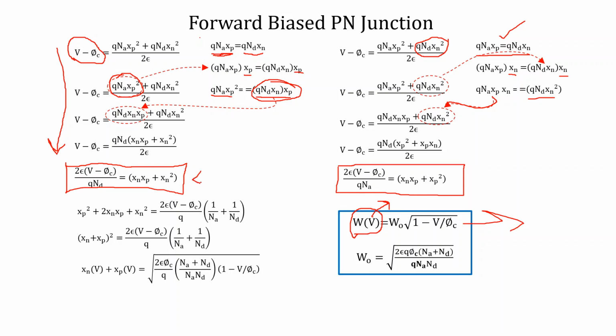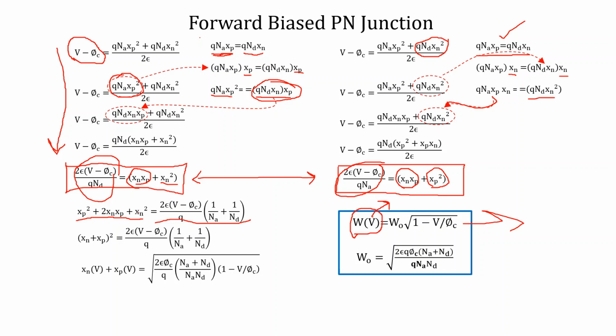Now add these two. So this is xn square plus xp square plus xn xp plus xn xp. So we get xp square plus 2 xn xp plus xn square on the left, and on the right hand side we add this plus this, so we get this.